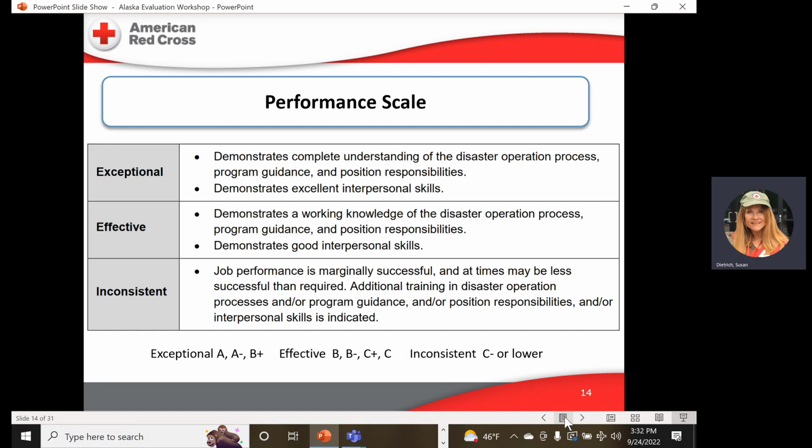And somebody who's effective, kind of good, but kind of average, that's somebody I would be giving a B or a B minus or a C plus or a C. And somebody who's inconsistent, that's a job that I would probably grade as C minus or less. So that's just my way of kind of earmarking a scale and making it a little bit easier for me to understand.